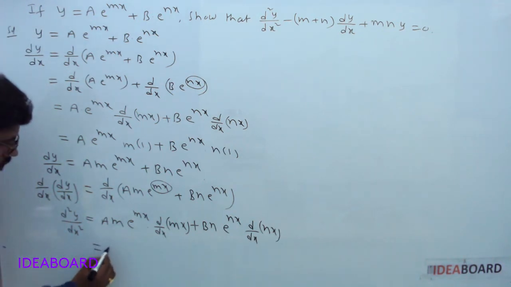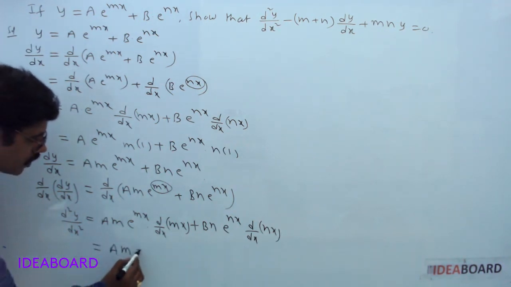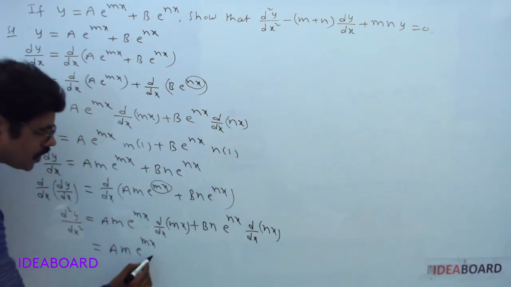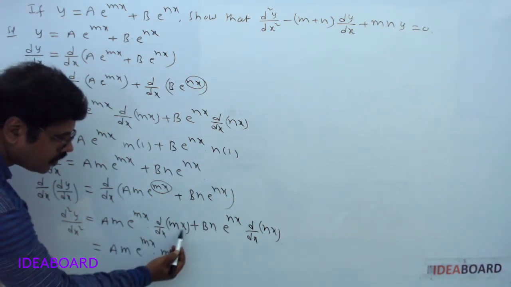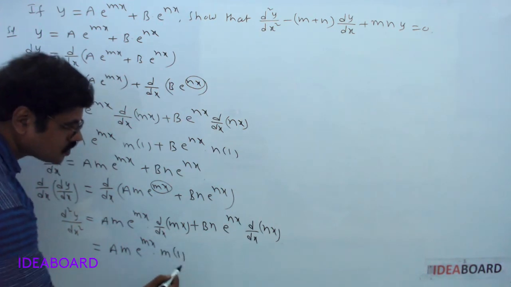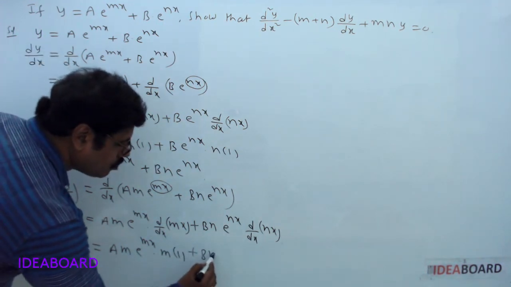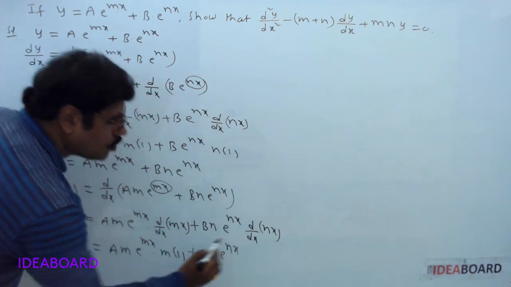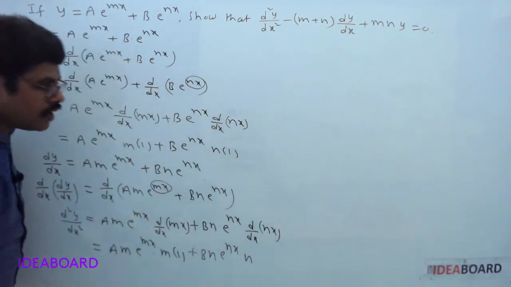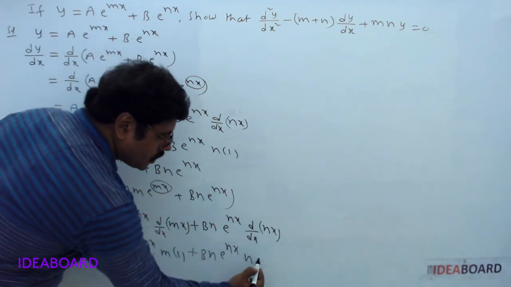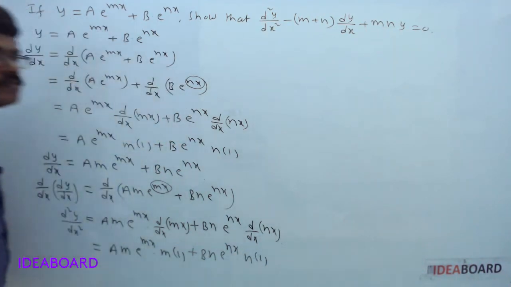So this equals to am into e power mx into m, the constant term, m into derivative of x with respect to x is 1, plus bn into e power nx into, here n is the constant term, n into derivative of x with respect to x is 1.